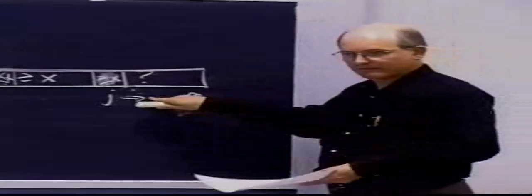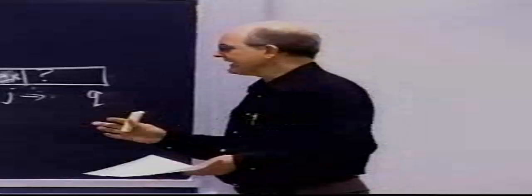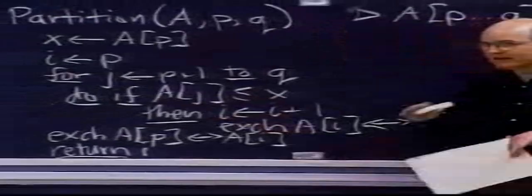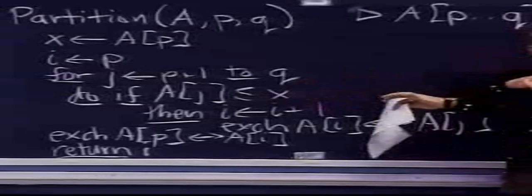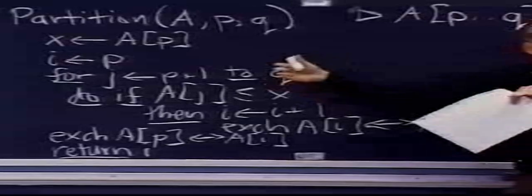And now I can increase J. So that moves up. Okay, we'll do it on an example. So the tricky thing is what happens when it's less than or equal to the pivot. The point is that we can still maintain the invariant by swapping two elements, and now we can increment both.